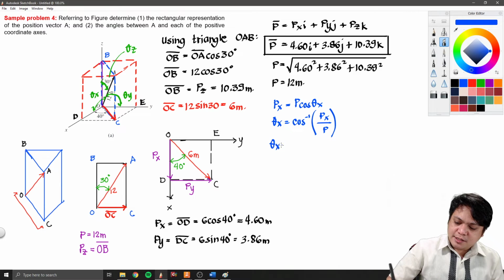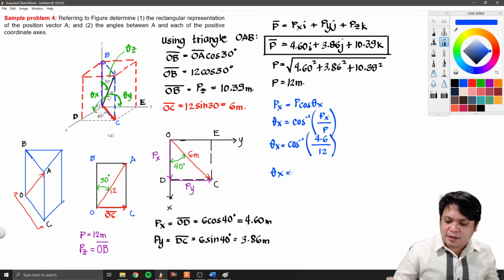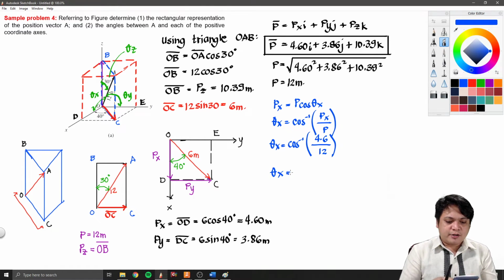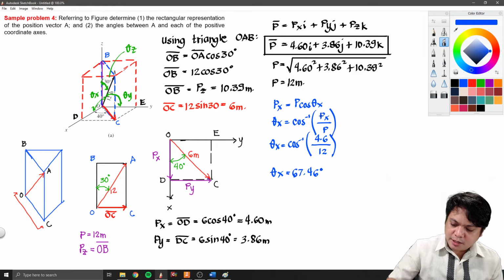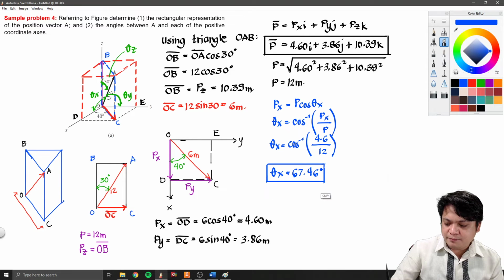So, theta x, cosine raised to negative 1. Ang px ko is 4.6 at ang p ko is 12. Okay? So, we will be having here theta x, arc cosine of 4.6 all over 12. So, you will be having here 67.46 degrees. Again, positive acute angle. Okay?